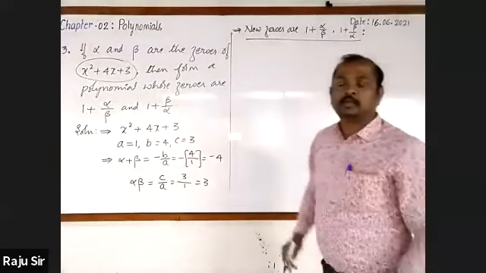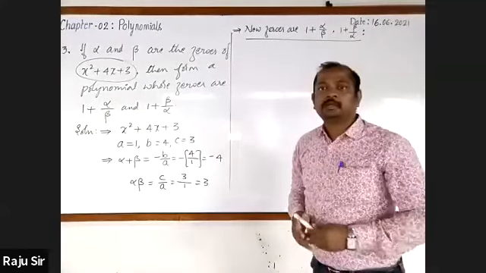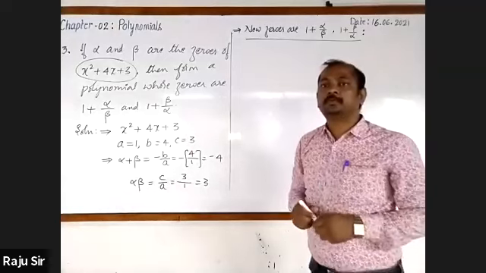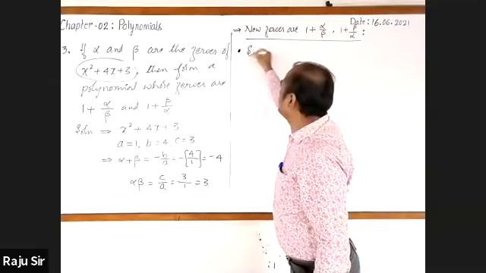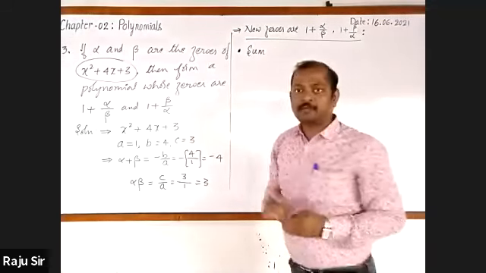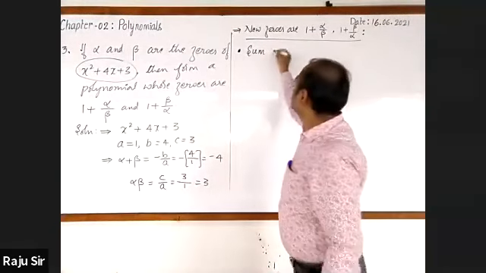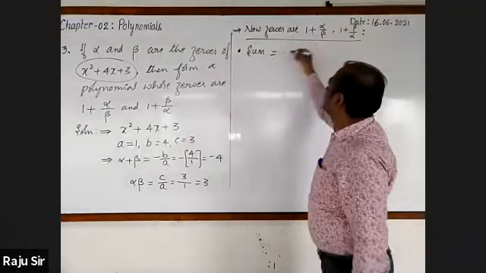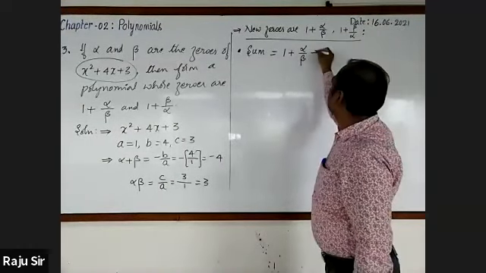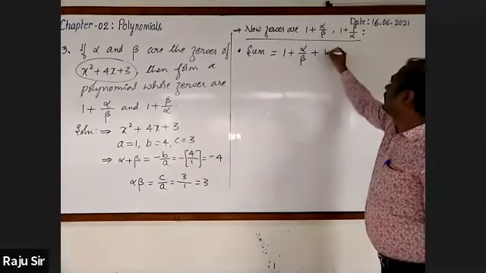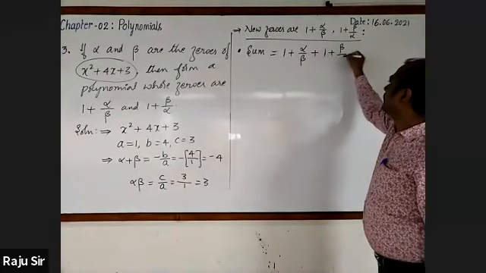Then obviously we have to find out the new sum as well as new product, right? And go for finding the sum. That is sum of new zeros. This is equal to, here it is, 1 plus alpha by beta plus second zero, 1 plus beta by alpha.